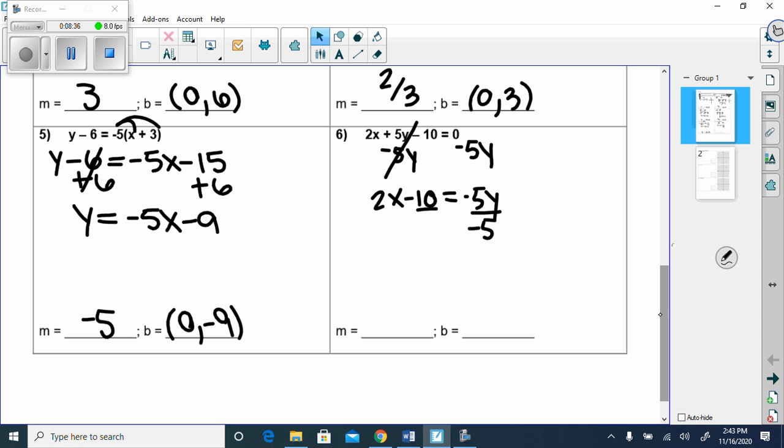And if I divide that piece by -5, got to divide everything. So is 2 divided by -5 going to simplify? No. So I'm just going to leave it as -2/5 x. And -10 divided by -5? Yeah, so you're going to do a positive 2. Good. Equals y. Okay, so what's my m? -2. And my b? 0, 2.